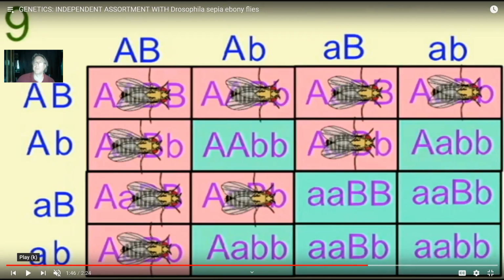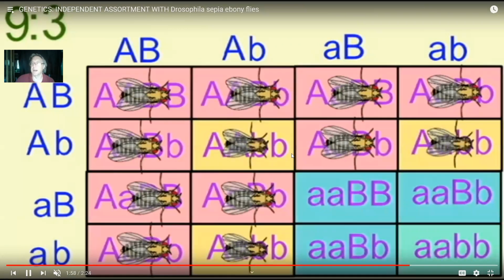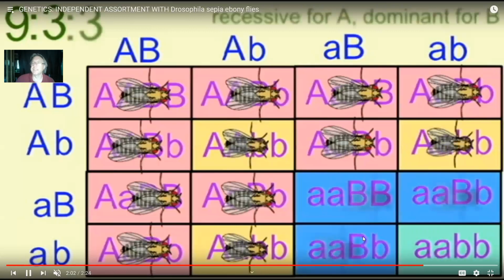So they would have red eyes and a tan body. 3 of the possible conditions would be dominant for the first trait, say they would have tan body, but recessive for the second, say they would have sepia eyes. 3/16 would be recessive for the first trait, but dominant for the second trait.